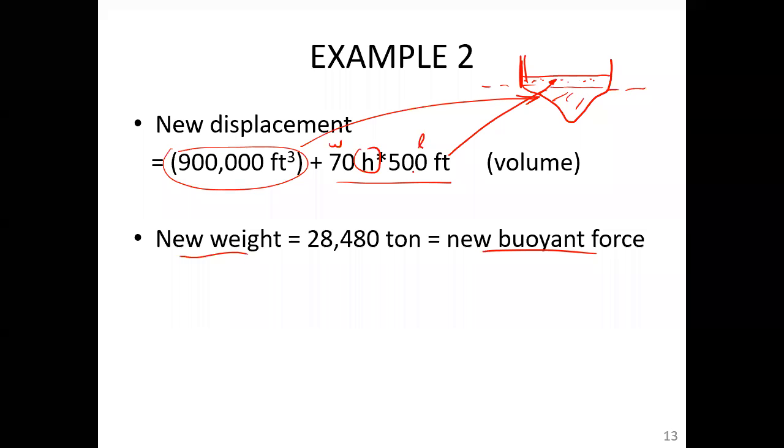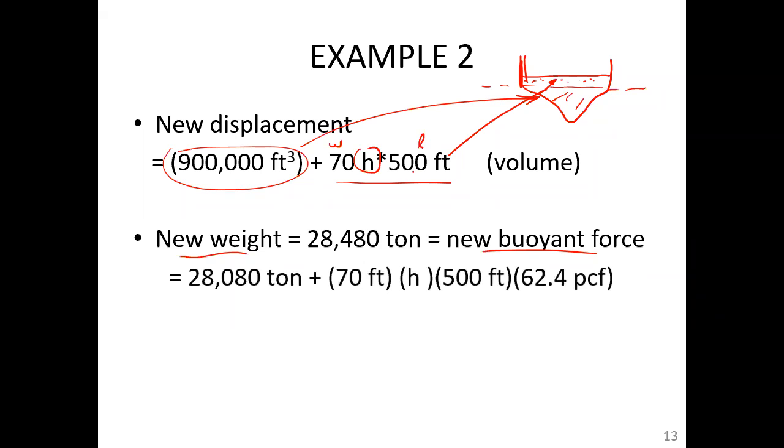What we have in the line above is the total volume displaced. We have the weight. What we need to do is take this total volume displaced here and here and multiply it by the specific weight of the fluid.